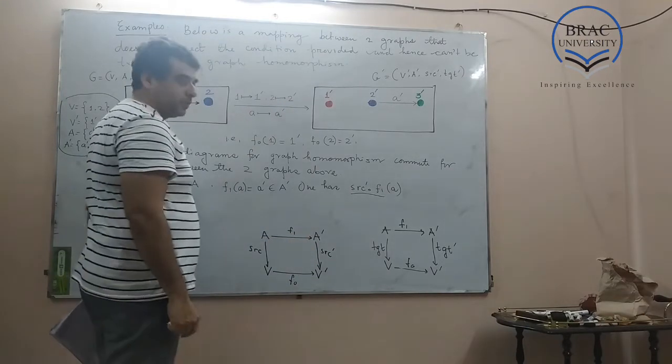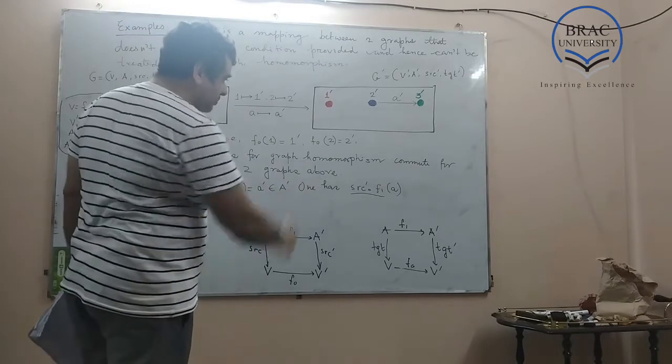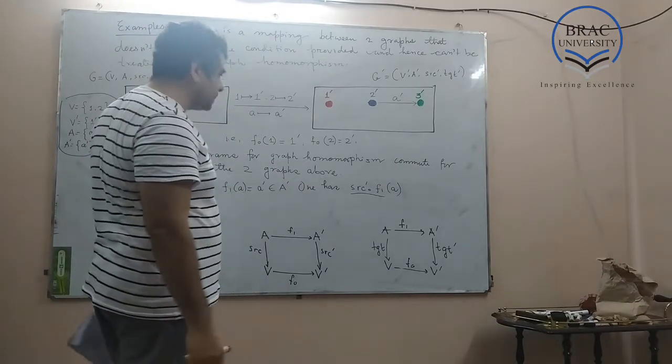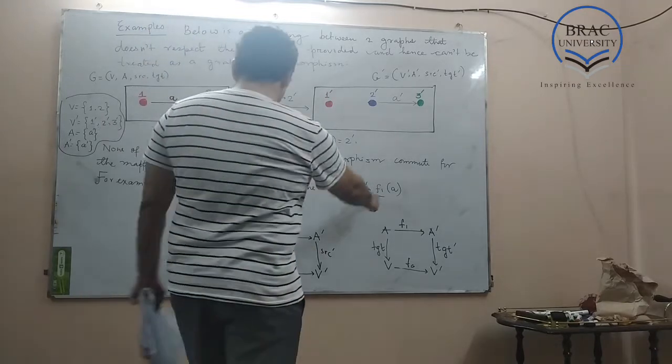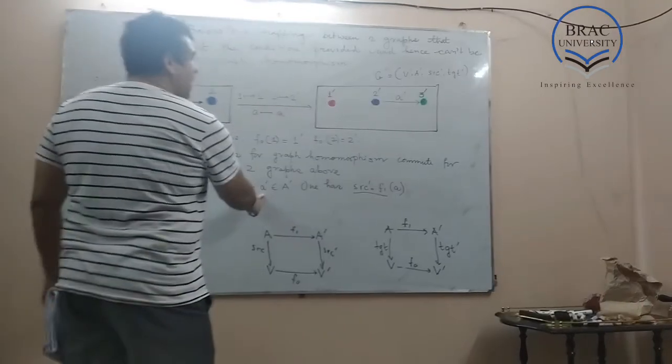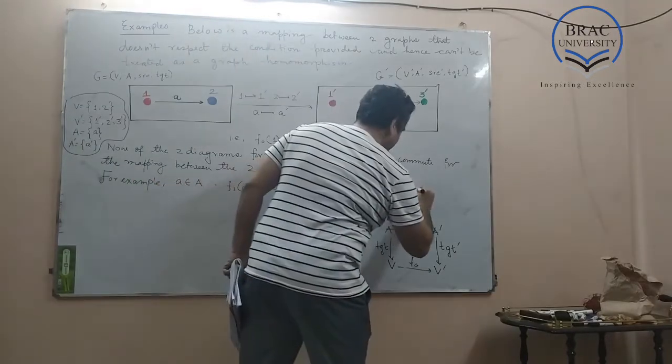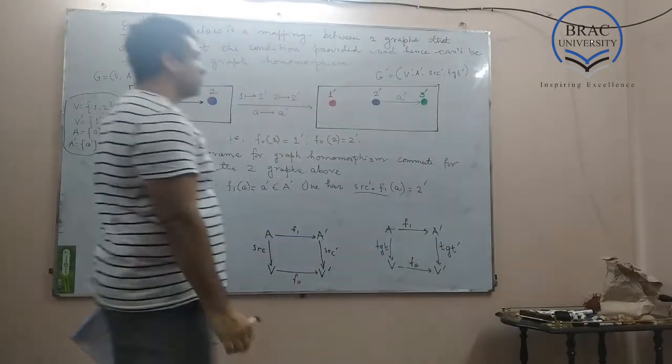And SRC prime composed with F1 acting on A, what is it? F1 of A is A prime and the source of A prime is 2 prime. Right?